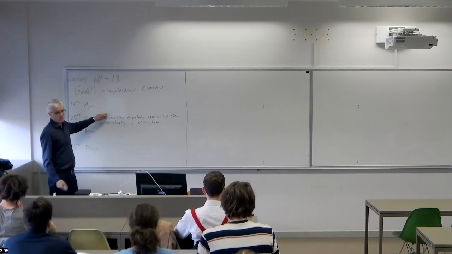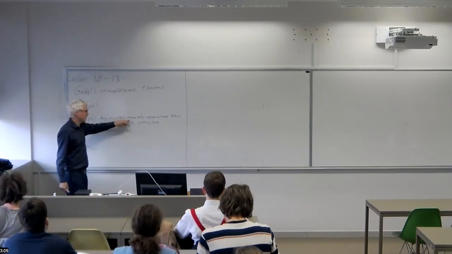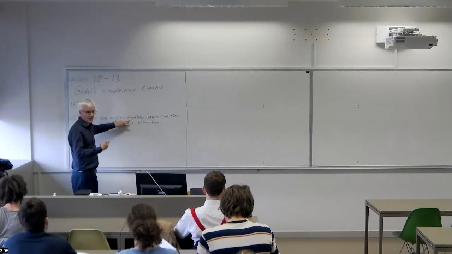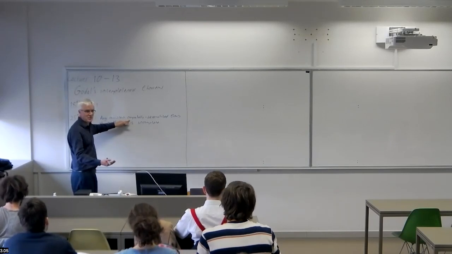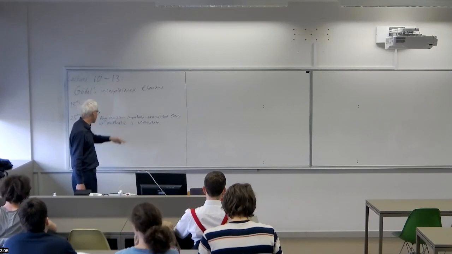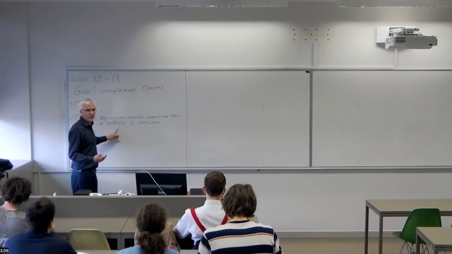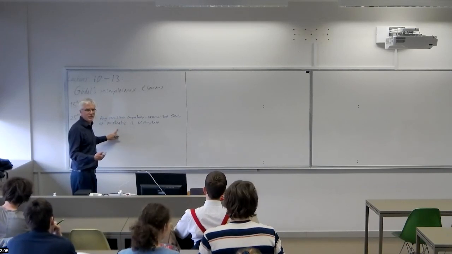Consistent means it's consistent, as you know. Computably axiomatized we did last week. So we have a set of axioms that's computable. We can test whether a sentence belongs to our set of axioms or not. Theory of arithmetic means it's a theory that's axiomatizing truths about the natural numbers.